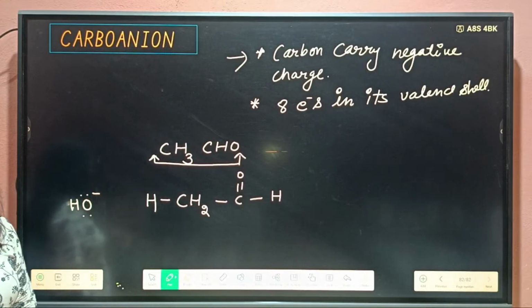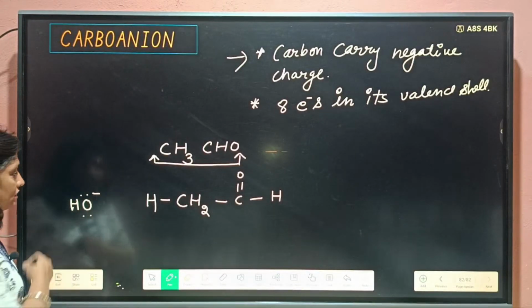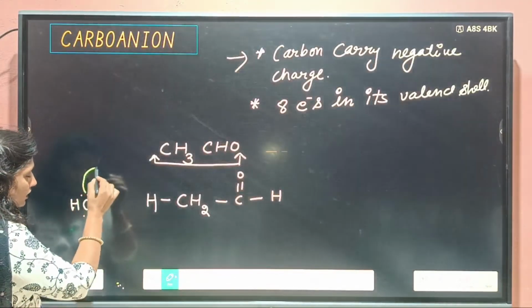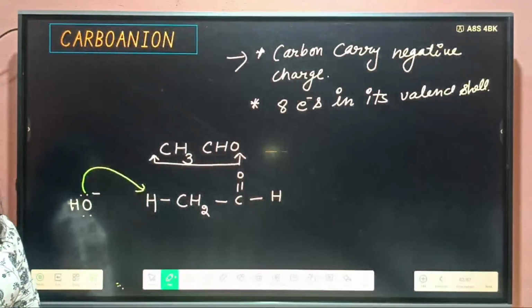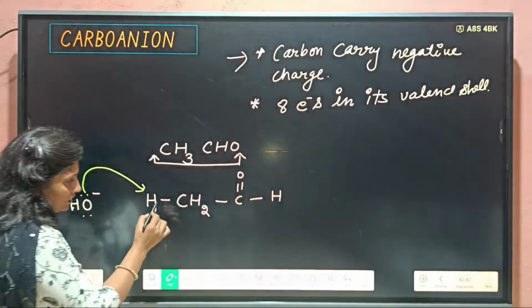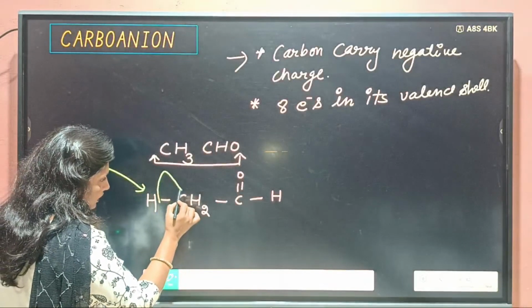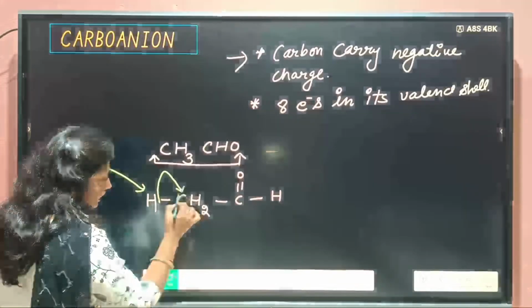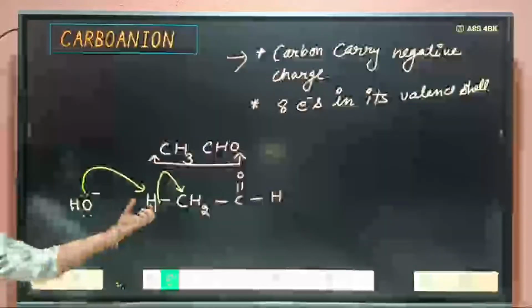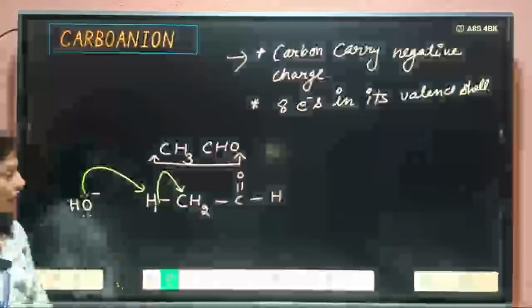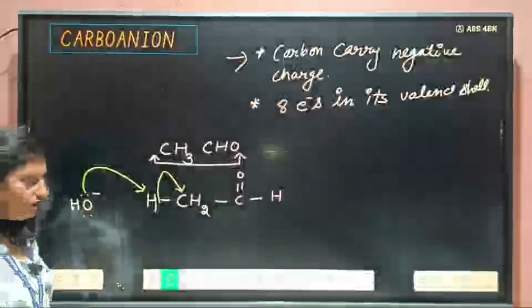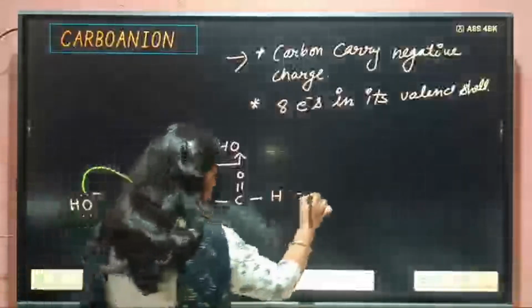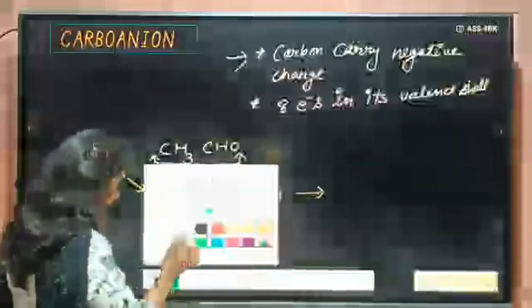Entropy also supports this. Then students, this oxygen can give electrons to this one, and this hydrogen finally can be shifted in this way. And what will happen? H positive, OH negative, removal of water takes place.